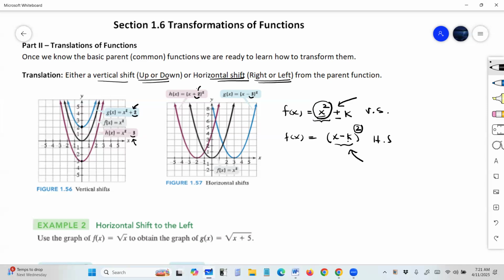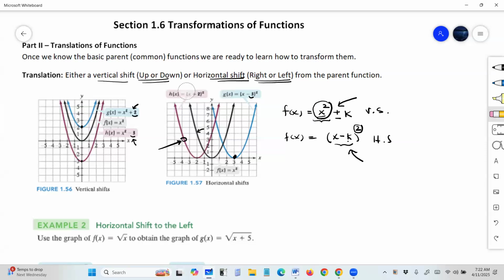So if it is inside the function, it's a horizontal shift. If it is plus, it is a shift to the left. This one is (x plus 2) squared. Normally you would think that the x plus 2 would be the blue one, but it isn't. The reason is that we have to add 2 units to x to get it back to its standard position, which is the black.